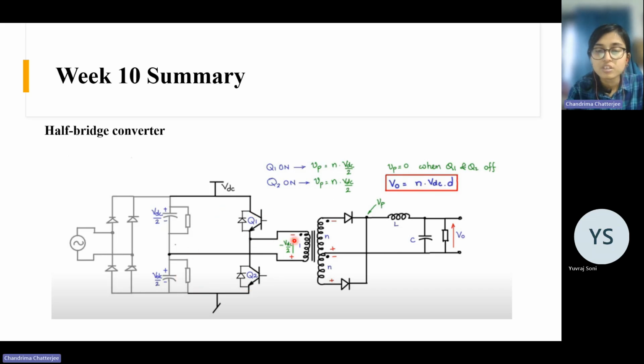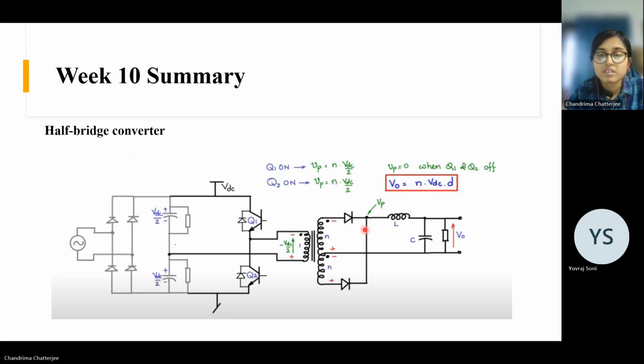And when Q1 is on, VDC by 2 is induced here. This diode will conduct, and this diode is reverse biased. Same way, when Q2 is on, then minus VDC by 2 is here. So now this diode will conduct and this diode is off.